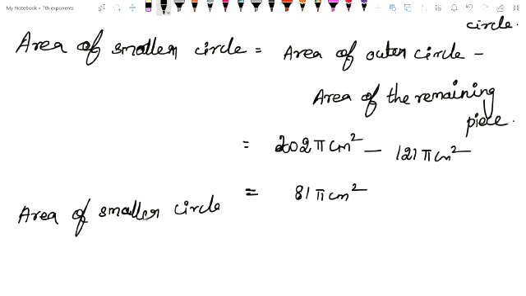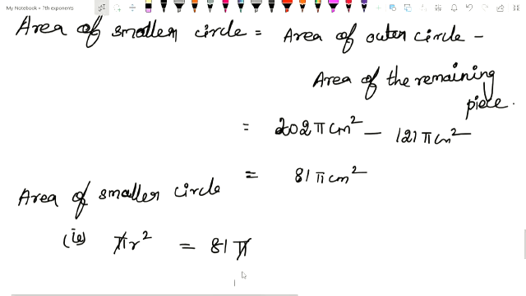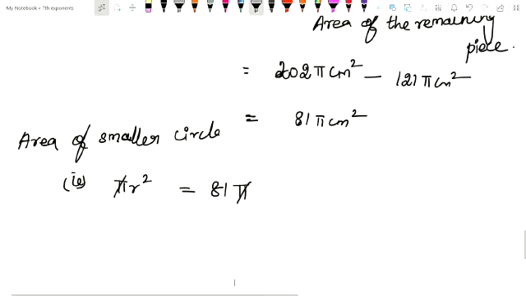So radius of the smaller circle. Here, area of the smaller circle is given. What is the formula, children? That is pi r square equal to 81 pi. So, pi cancels. R square equal to 81.